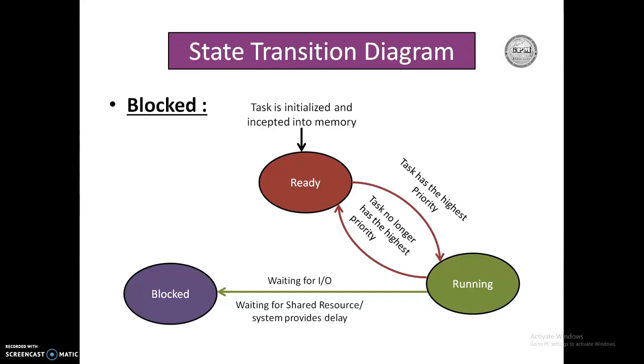When a task unblocks after the blocking condition is met, it means the input or output event has occurred, or that shared resource is acquired. Then the task might move from the block state to the ready state if it is not the highest priority task. However, if the blocked task is the highest priority task, the task directly switches to the running state.